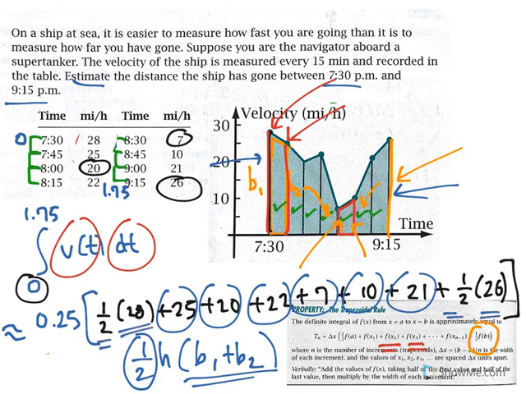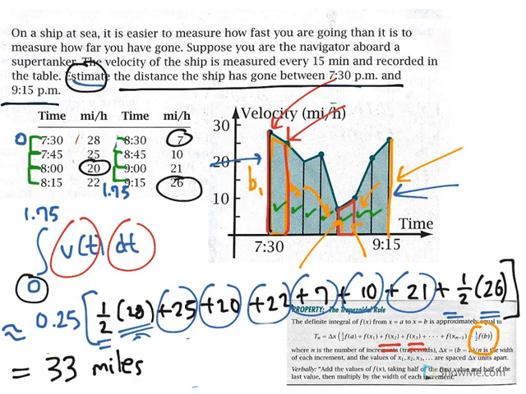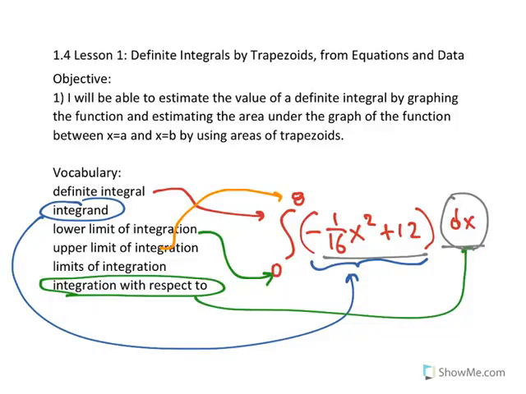So that's where that formula comes from, once again. So when you do those calculations, you get 33 miles. So what is the approximate distance the ship has gone between 7:30 and 9:15 p.m.? It would be approximately 33 miles. And there's the approximately equal to symbol.